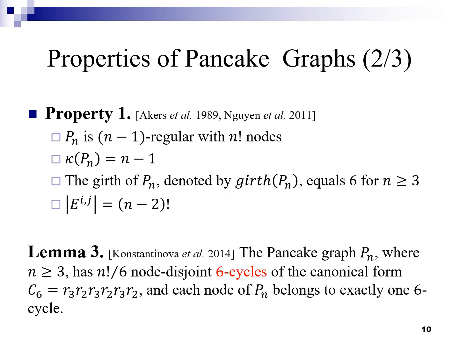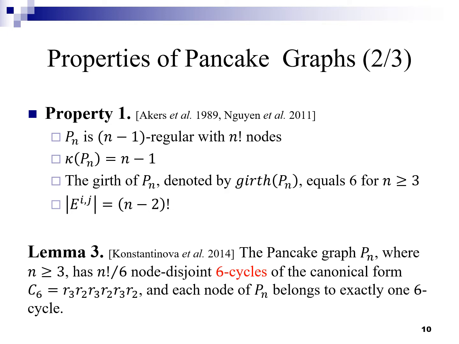Now we come to see some interesting properties of Pancake graphs P_n. In property 1, first we can see that P_n is (n-1)-regular with n factorial nodes. Next, the connectivity of P_n, denoted by kappa of P_n, is equal to n-1.